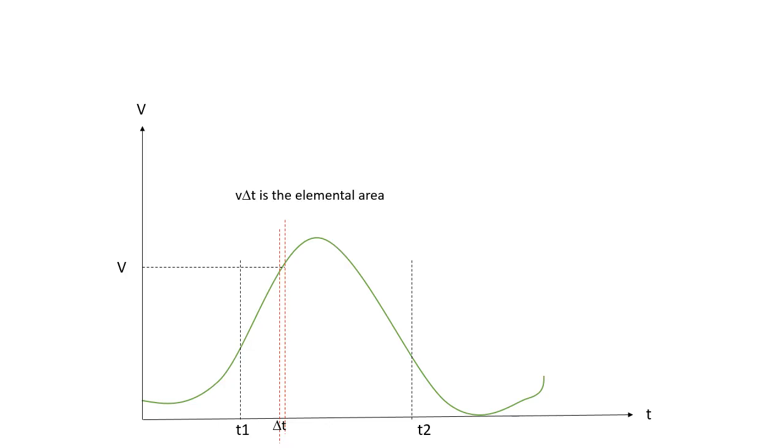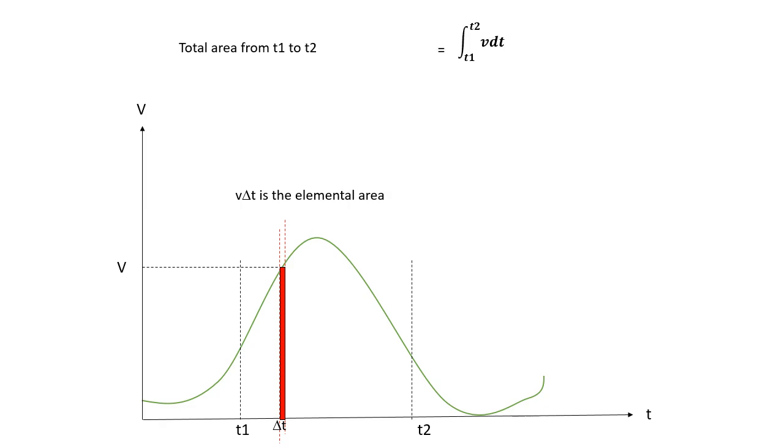So the area of this elemental part is v delta t. Now the total area from t1 to t2 can be calculated from this elemental area by integration.